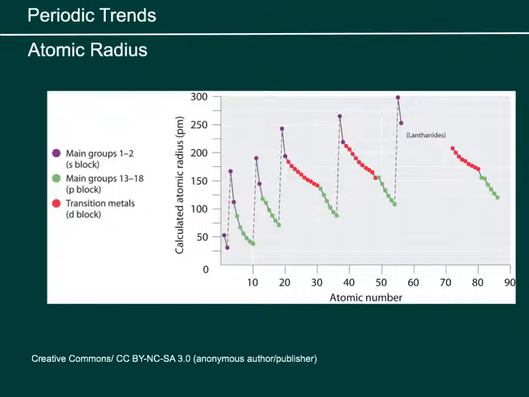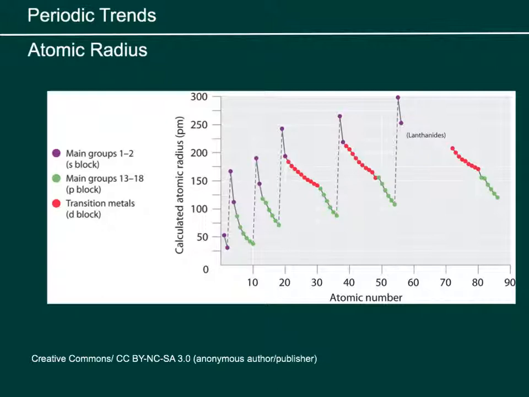If we look at this right here, we have a calculated atomic radius, and we're going by atomic number. We start at 1, which is hydrogen, and helium is right here, and it drops from hydrogen to helium. Notice the big jump as we go to 3, which is lithium.